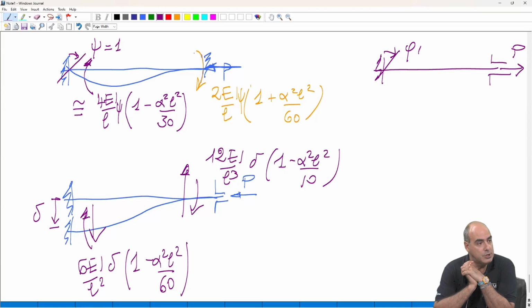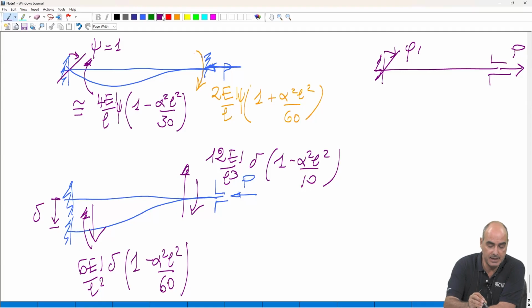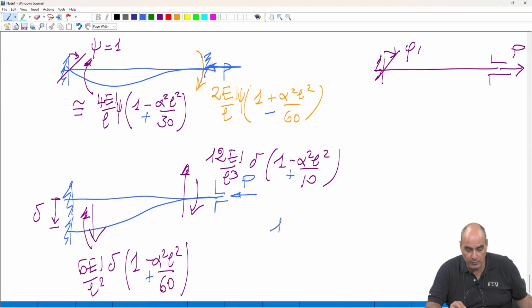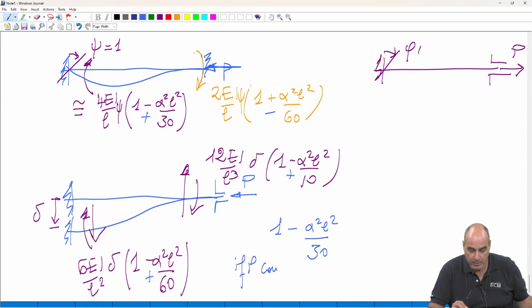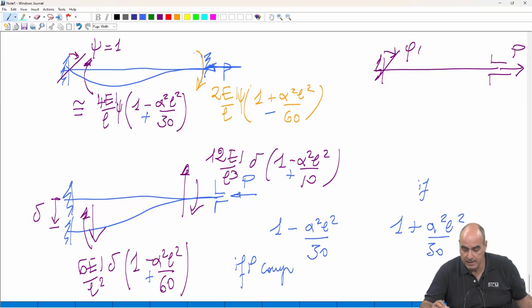The only thing which changes is that this minus becomes a plus, this plus becomes a minus. But let's have a look. We have 1 minus alpha square L square over 30 if P is compressive, and 1 plus alpha square L square over 30 if P is tensile.